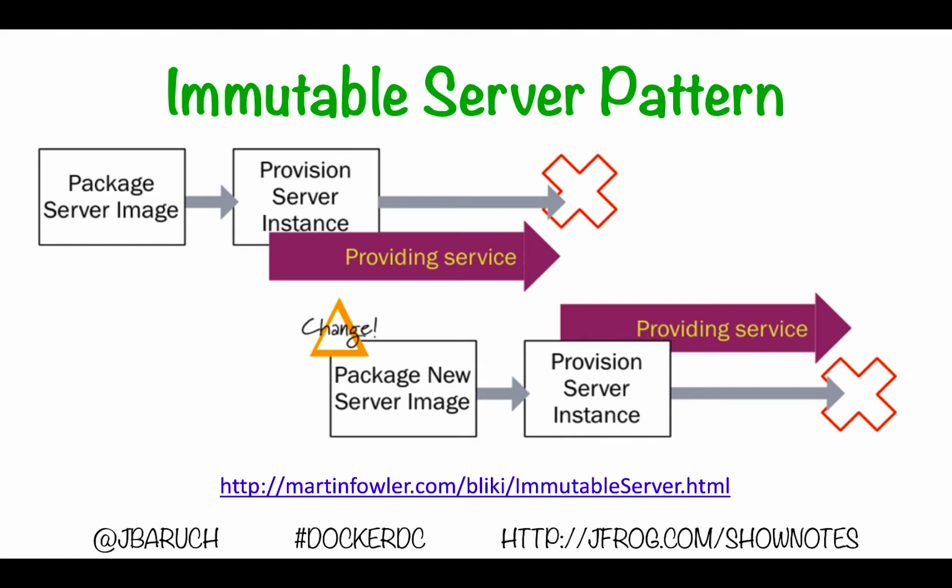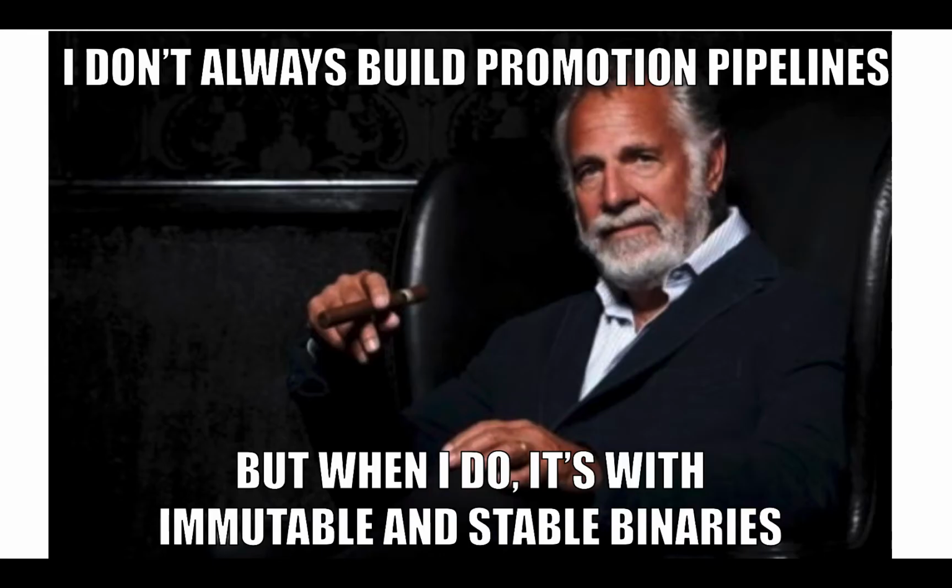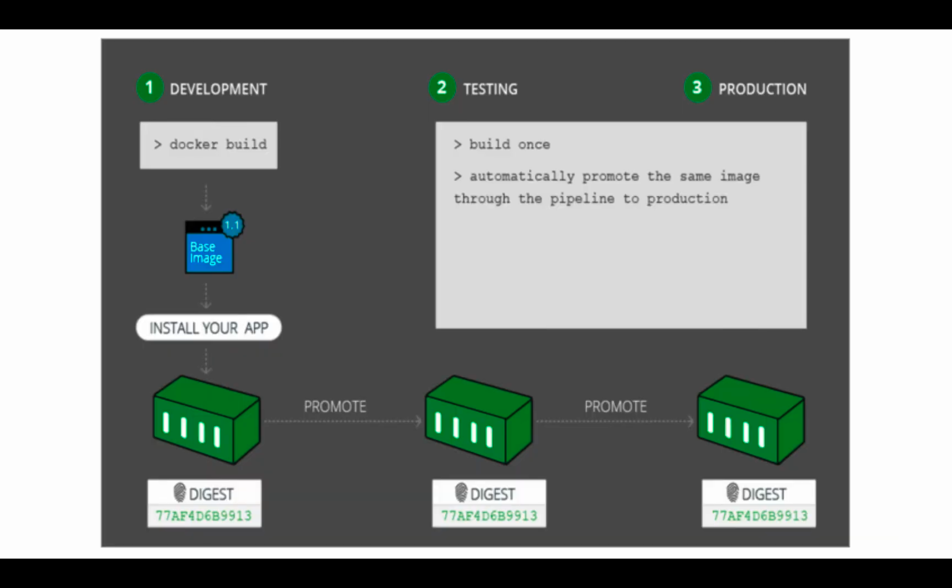Instead of only doing that for production and runtime environment, we actually propose you to do it for promoting your images as well. So instead of building in each and every step, you just need to promote immutable and stable binaries.